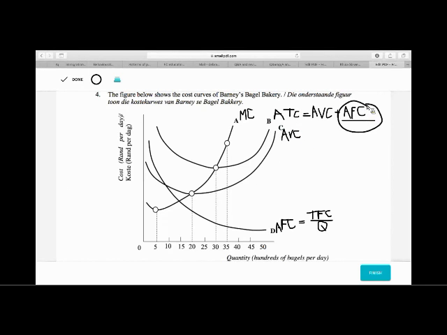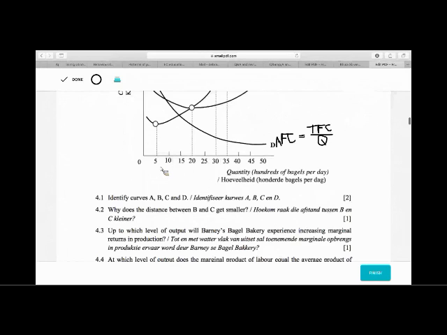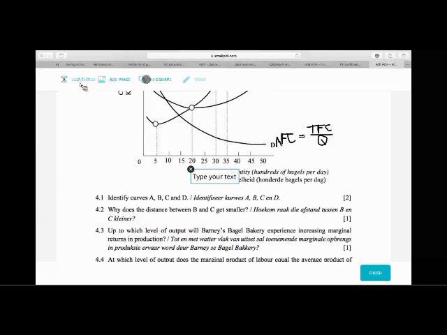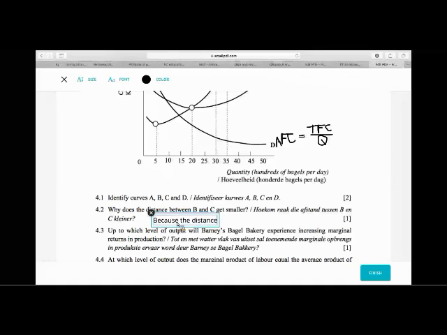So why would the difference between these two lines be getting smaller as output goes up? Well, it's because average fixed cost gets smaller as output goes up. So the reason why the distance between B and C gets smaller is because the distance is average fixed cost, and average fixed cost gets smaller as output increases.